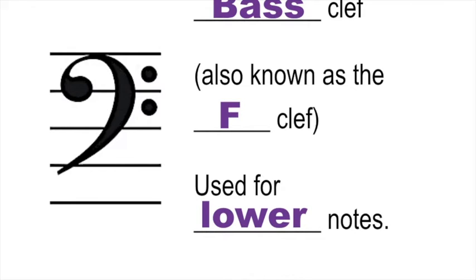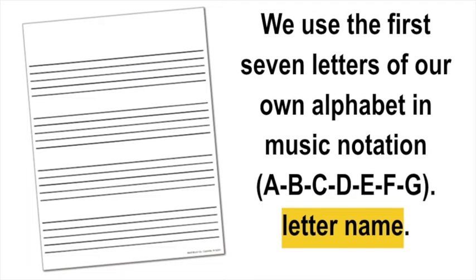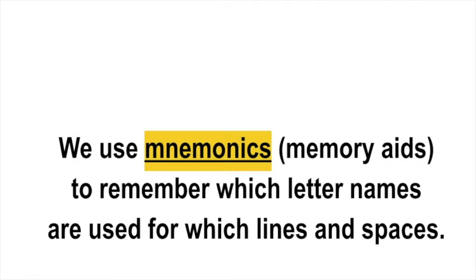When it comes to notation, we use the first 7 letters of our own alphabet, A, B, C, D, E, F, and G. In order to remember this, because it can get kind of complicated, we use a mnemonic or a memory aid to remember which letter names are used for which lines and spaces.